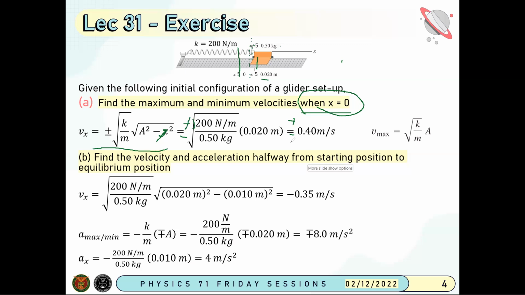So, if we just want to find the maximum velocity, kunin lang natin yung positive root ng k over m, tapos times the amplitude A. Okay. So, this is always the case kasi ang maximum velocities happens at equilibrium. Right? Kapag dumaan siya sa equilibrium.